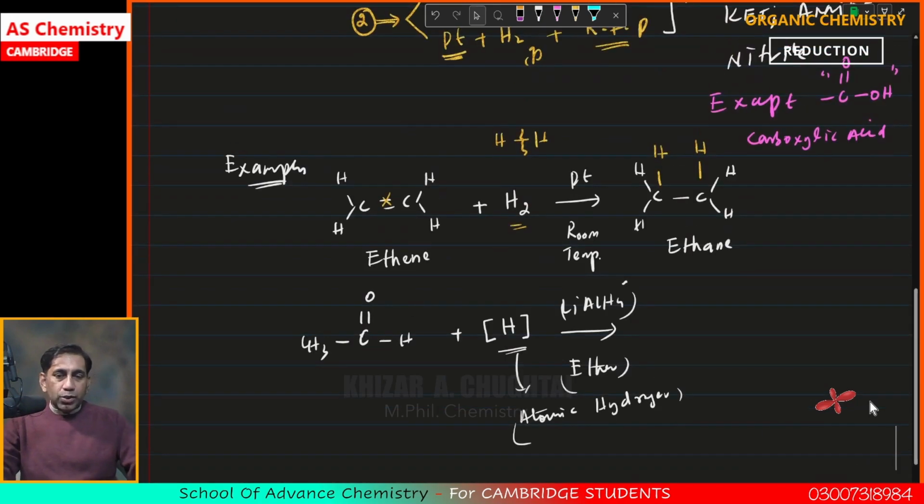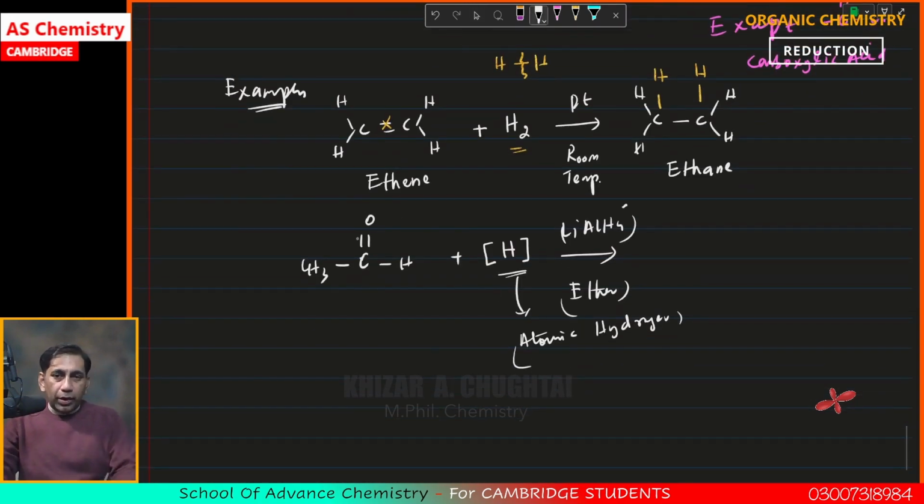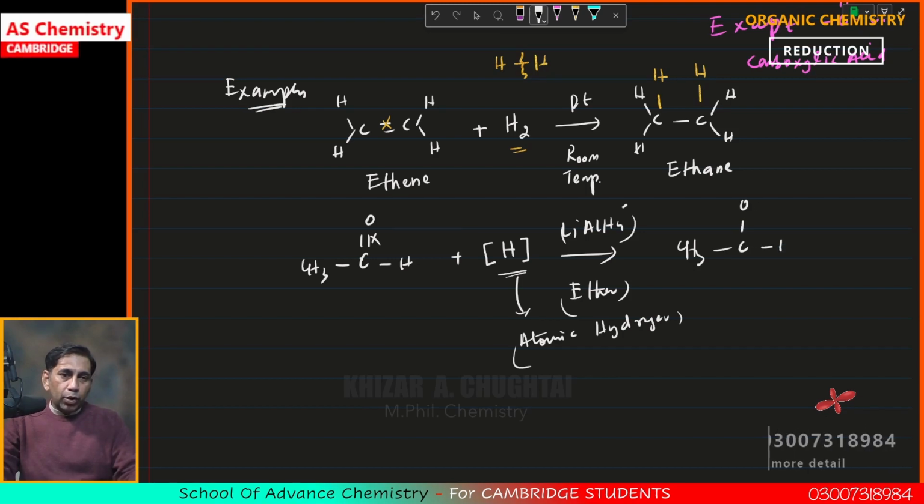So what is supposed to be formed? Okay, let's see over here. There is a breakage of this bond. The C=O bond is broken down, and the molecule shape will be like that: C single bond O, H over here, and this is the remaining molecule of aldehyde. Now what will be added? Hydrogens will be added.